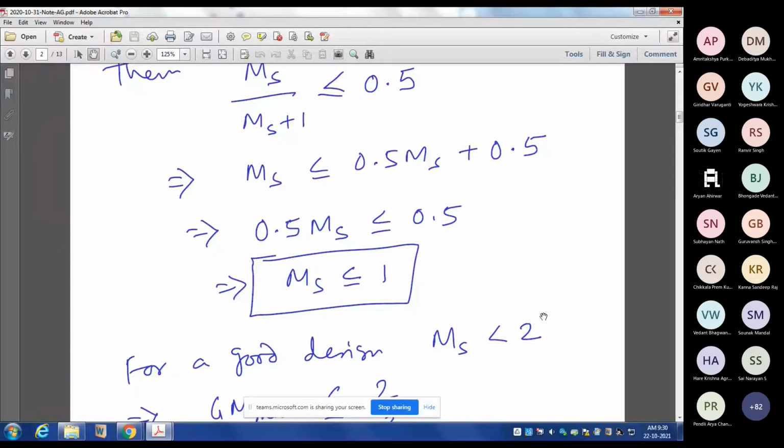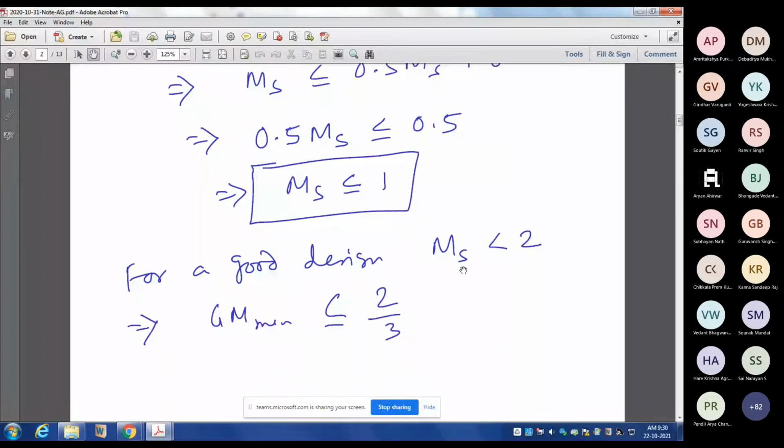Now, Ms less than or equal to 2, you can easily verify, will guarantee a minimum lower side gain margin of 2 by 3. So suppose your nominal gain is 1, you can reduce it up to 2 by 3.